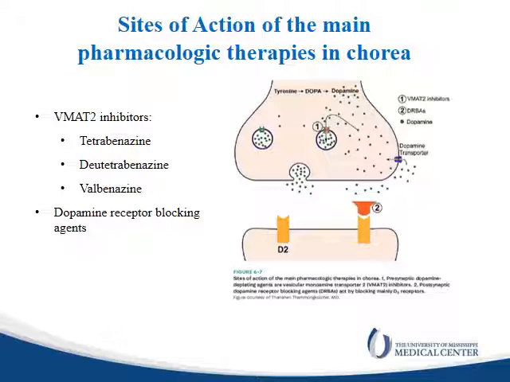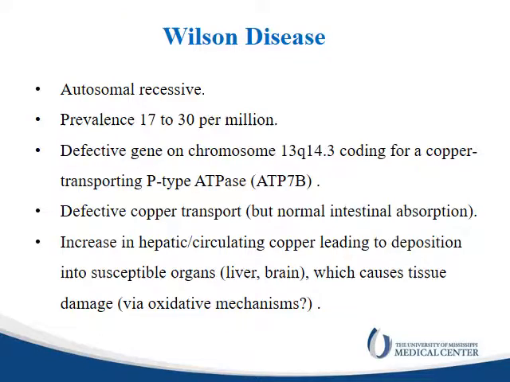By doing this, you reduce the amount of dopamine function, and so you can hopefully relieve the symptoms of chorea. Another approach is to use dopamine receptor blocking agents, similarly to reduce the dopaminergic function.